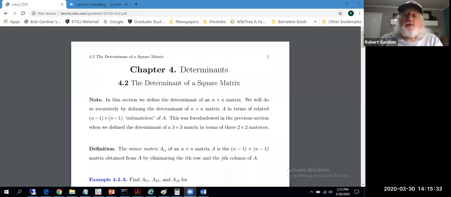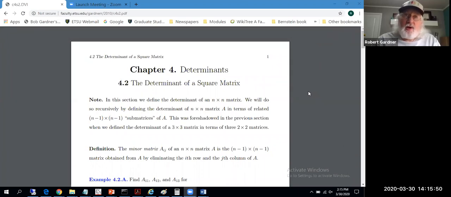Okay, on to section 4.2, the determinant of a square matrix. So where we stand is we have defined the determinant of a 2 by 2 matrix. We've defined the determinant of a 3 by 3 matrix, and that determinant of the 3 by 3 in terms of several determinants of 2 by 2s.